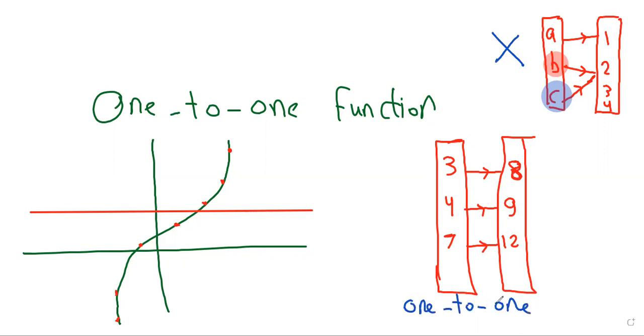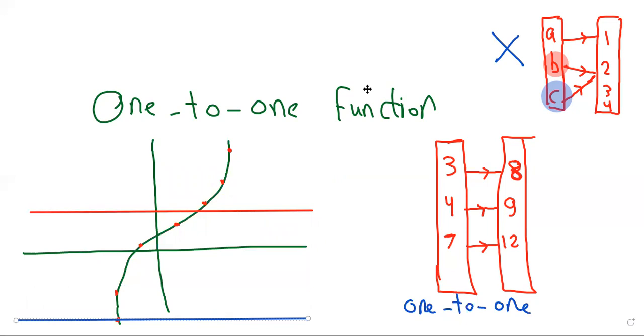And if we look at this graph, as you see, I've drawn a horizontal line, and I imagine that I'm moving this horizontal line all the time. You will find this horizontal line cuts the curve at one point. So this function is one-to-one.